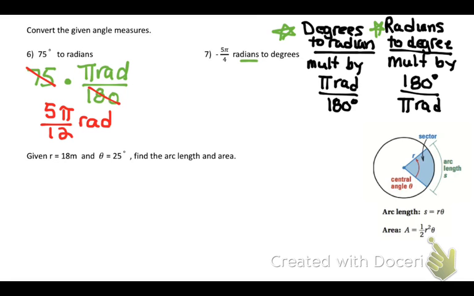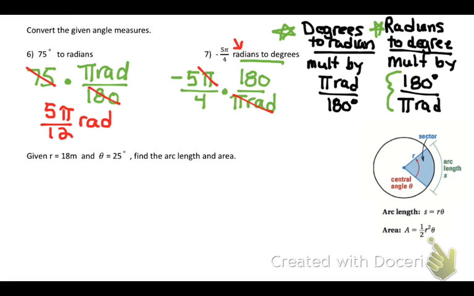In this next one, we're changing radians to degrees, so we're going to be using 180 degrees over pi radians. So we take our negative 5 pi over 4, multiply it by 180 degrees over pi radians, and I forgot to write my radian.